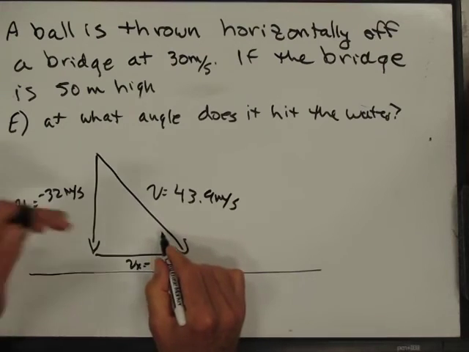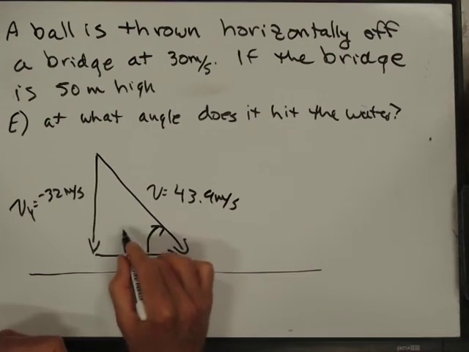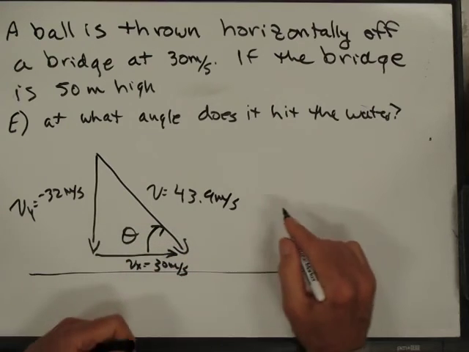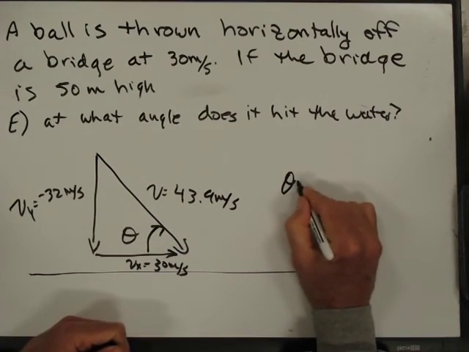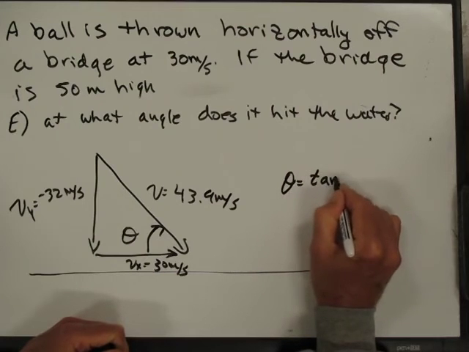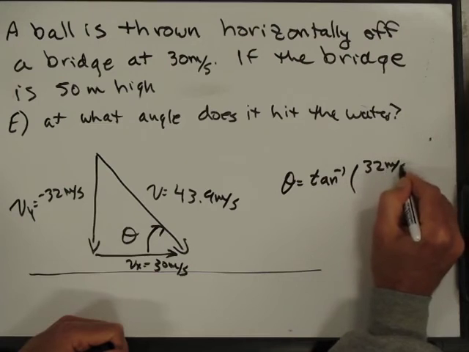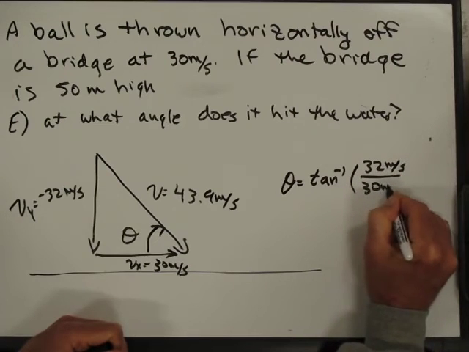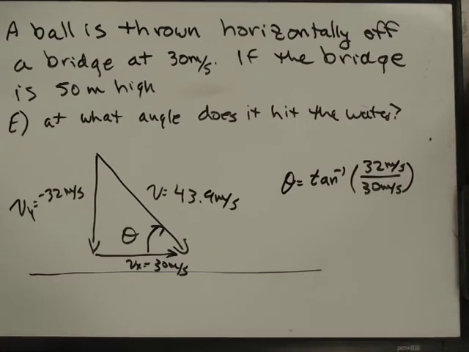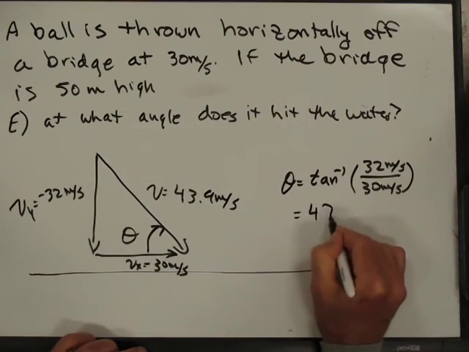And so if we were looking at this angle, say, we could say, well, theta is the inverse tangent of 32 meters per second over 30 meters per second. I get about 47 degrees.